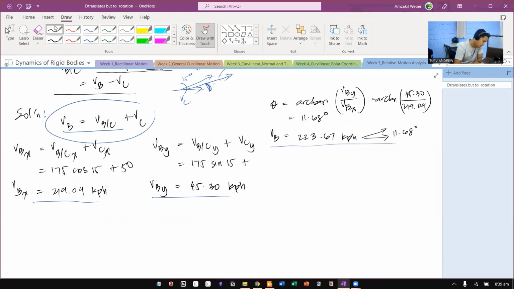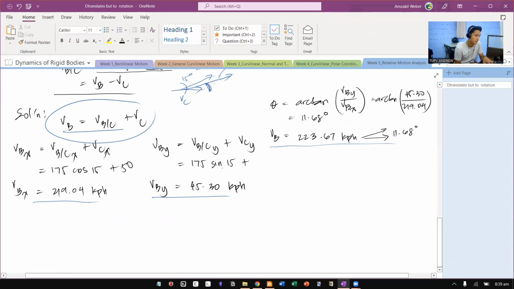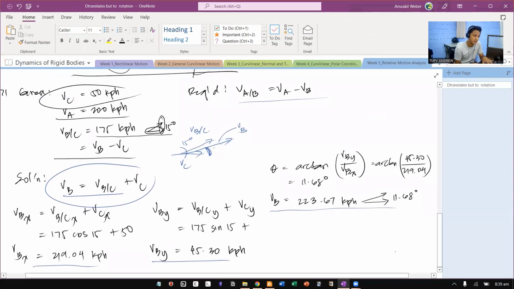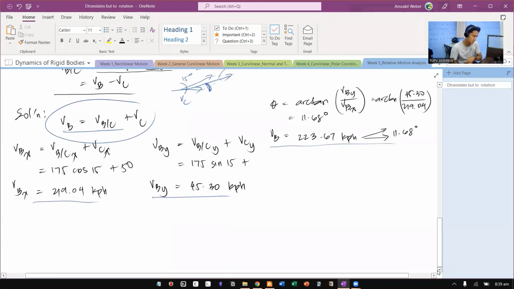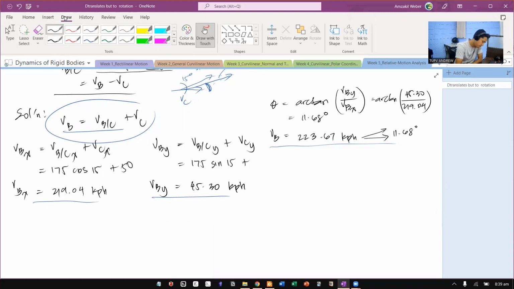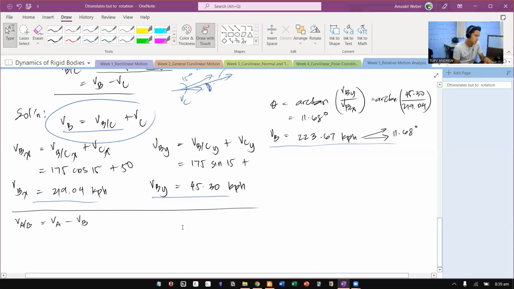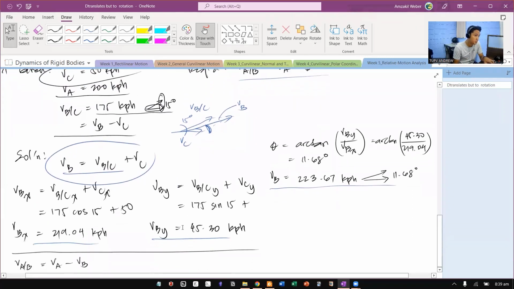Okay, so let's continue. VA/B is VA minus VB. We already have VB, and according to the given, we also have VA, which is 200 km/h.